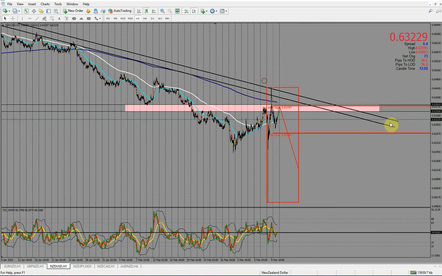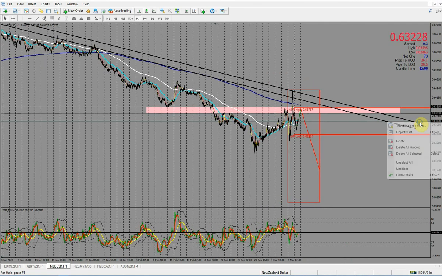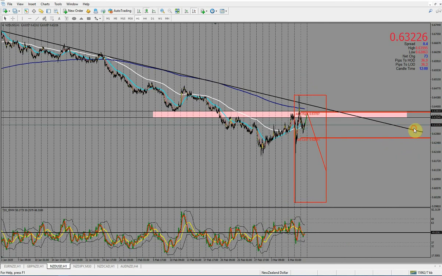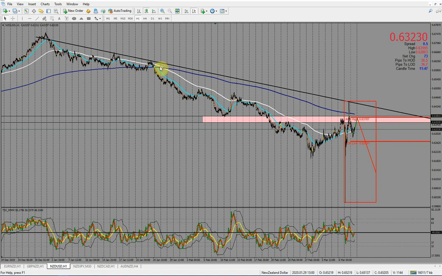I know that a lot of people would just draw the trend line like that and say they are waiting for price to get to it. But then how are you going to enter right there on top of that pin? So that is why I personally like zoning out my trend lines.